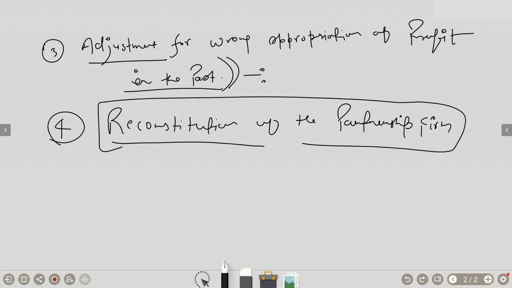Suppose there are two partners in a partnership firm, Amit and Rohit.